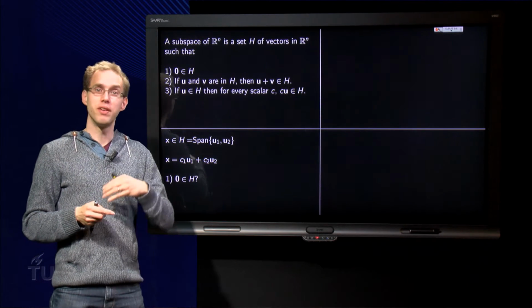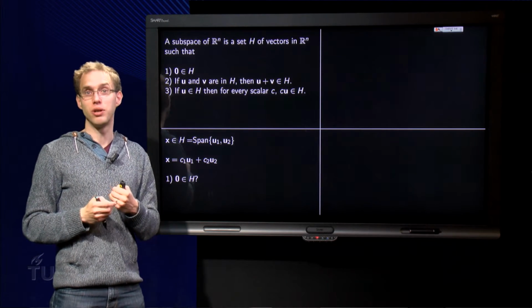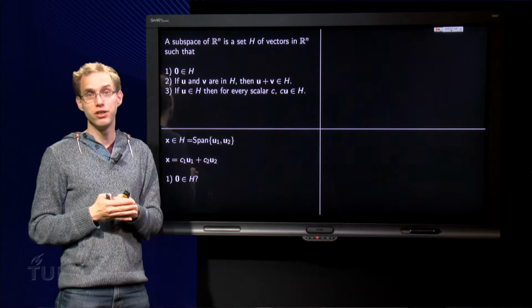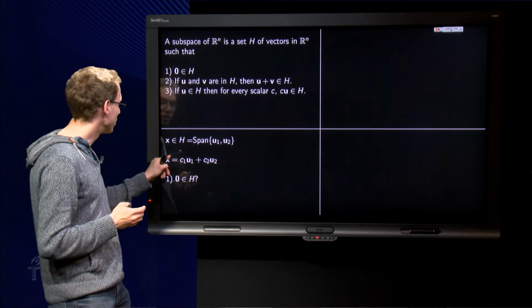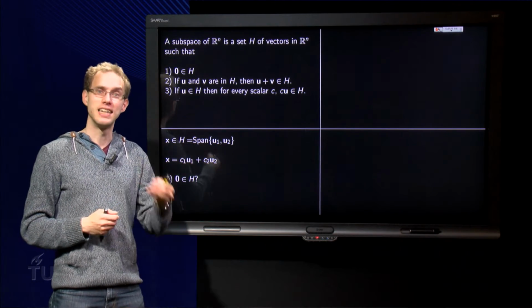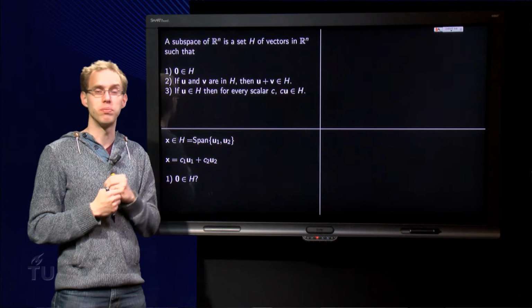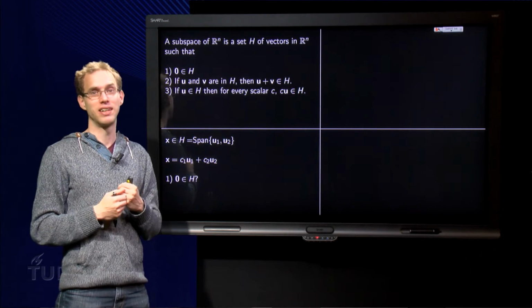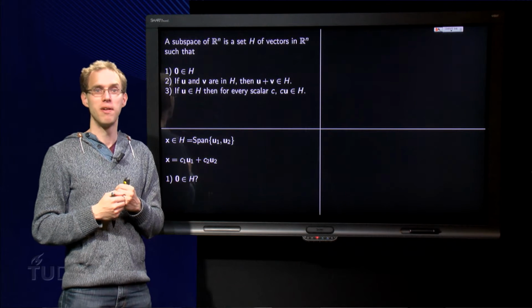If a vector x is in the span, so if x is in H, that means that x is a linear combination of u1 and u2, so you know that there are weights c1 and c2 such that x equals c1 times u1 plus c2 times u2. That's what you know for any vector in H.